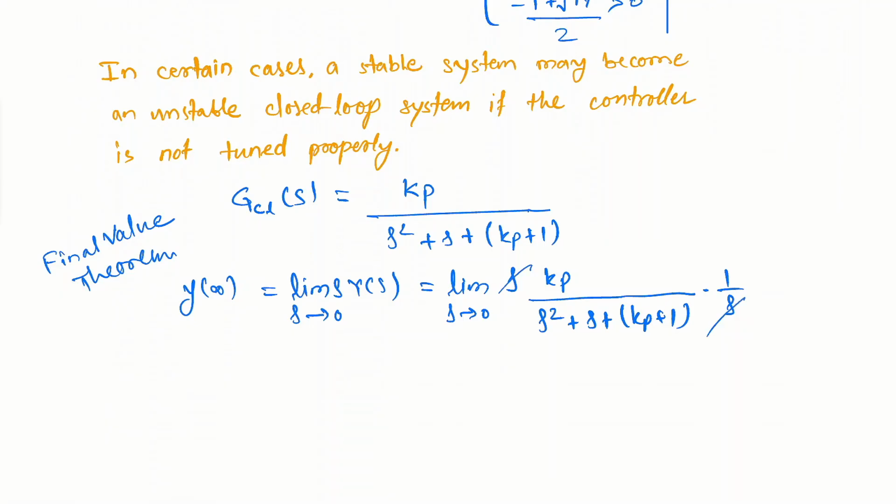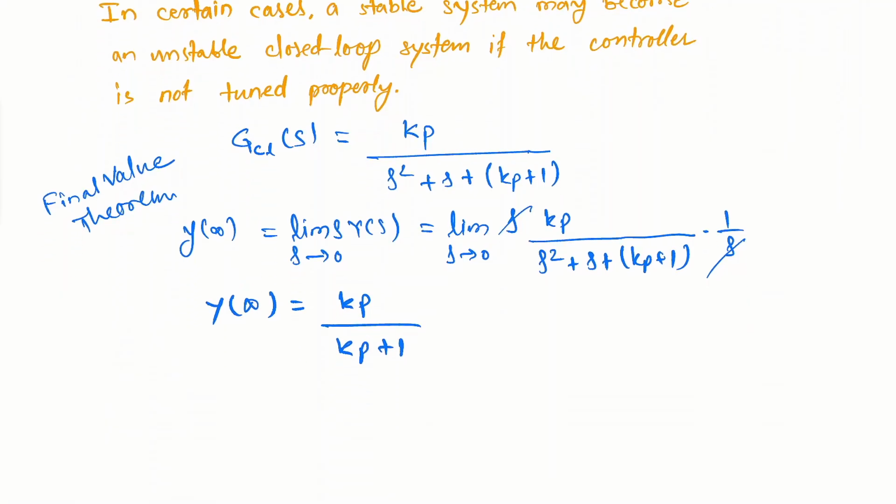This s would get cancelled, so we can directly substitute the limit here. y of infinity would become Kp over Kp plus 1. So just using a proportional controller, we will not be able to reach the final value. What was the input given to the system? We gave a step input and we wanted the value to be 1.